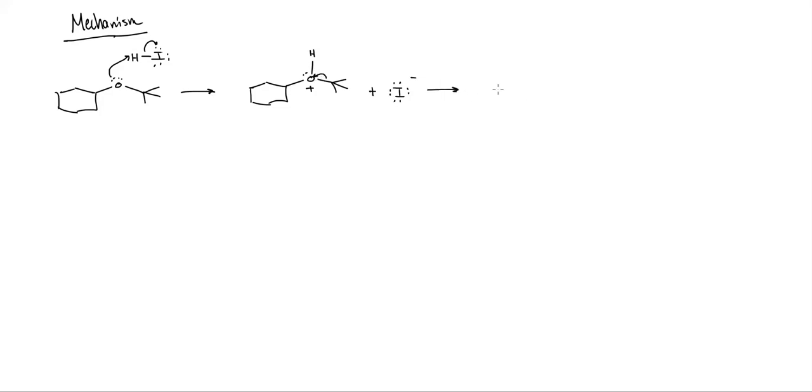And then what that gives me is this alcohol. And that also gives me a carbocation, a 3-degree carbocation that looks like this, right? Whenever that leaves. So now this 3-degree carbocation, we can have an I minus come in and attack this 3-degree carbocation, no problem.